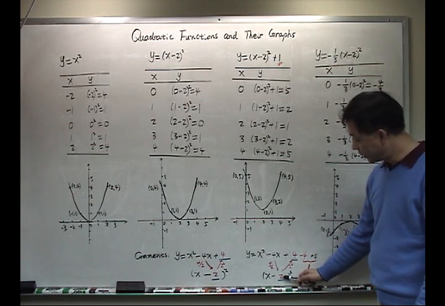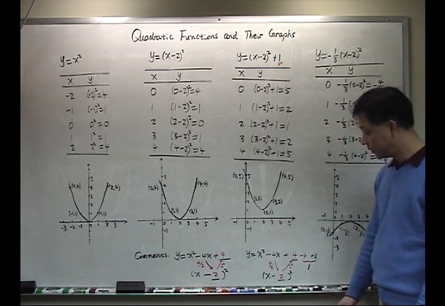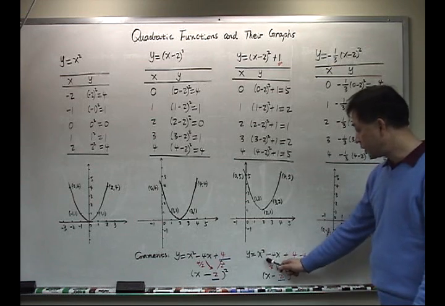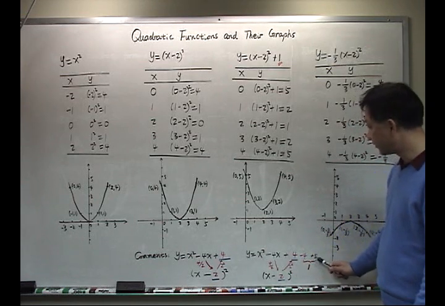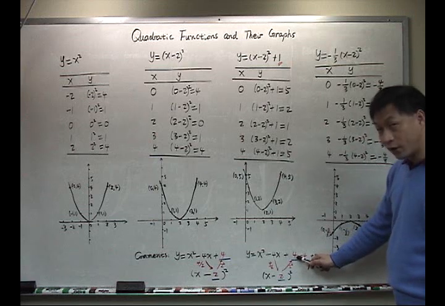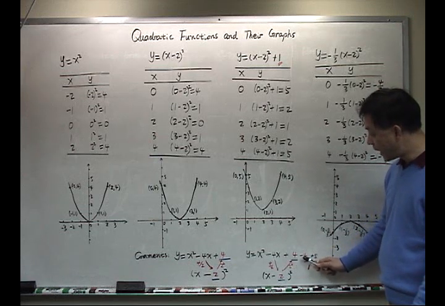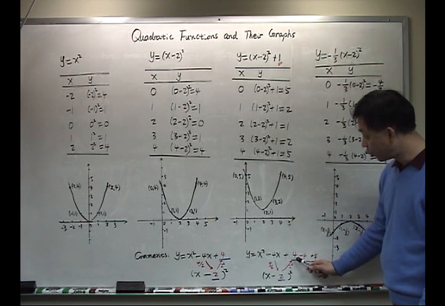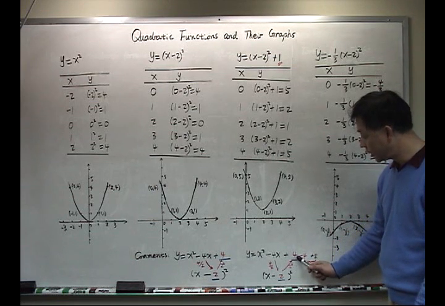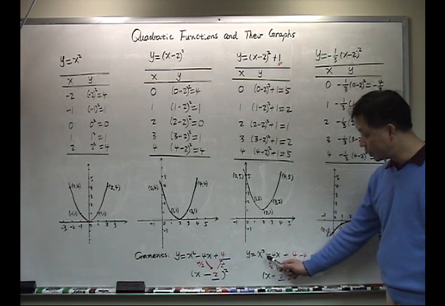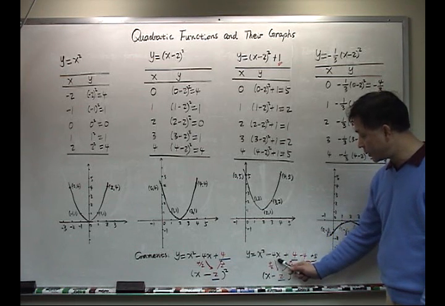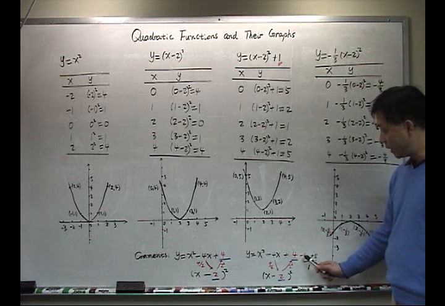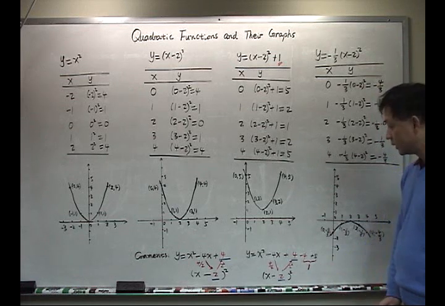And then you square this 2, you have a 4 here. Originally, we just have x squared minus 4x plus 5. If you add a 4 here, you have to subtract 4 to cancel it, because originally we don't have a 4 here.